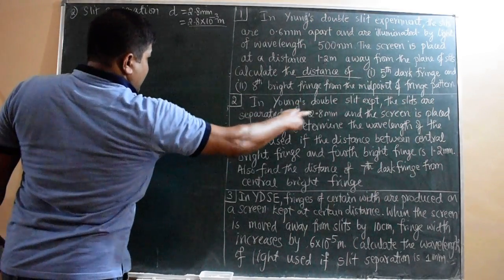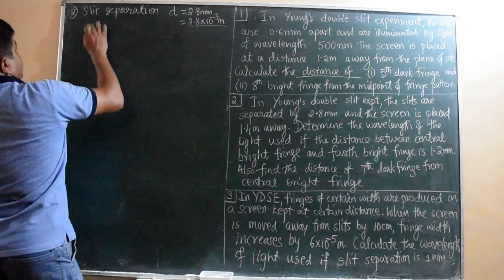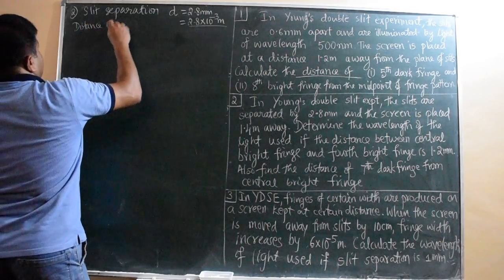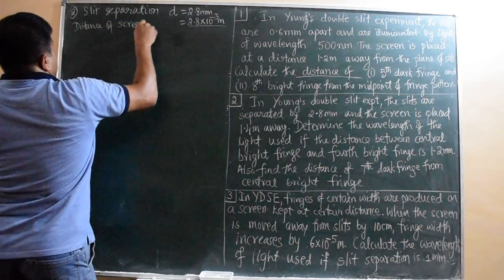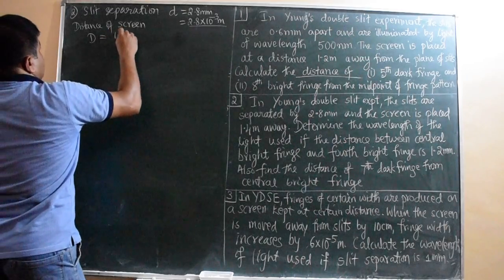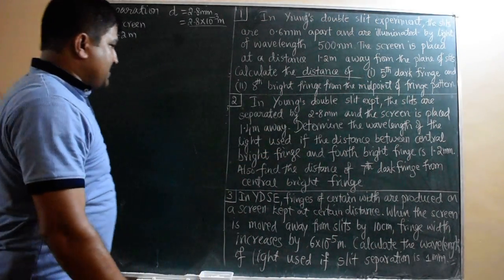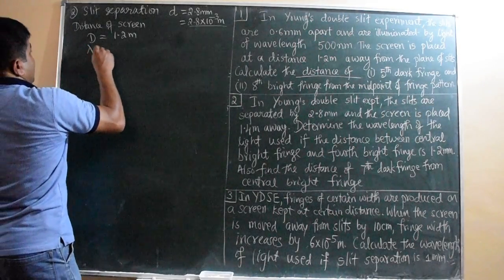So first write the given data neatly in SI units. Then the screen is placed 1.4 meter away. That is the distance of the screen, capital D, equal to 1.4 meter. Then determine the wavelength of light used: we have to find the wavelength lambda.